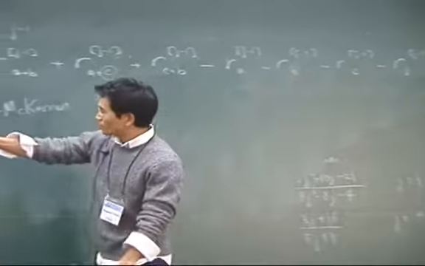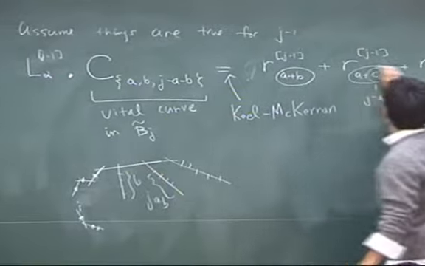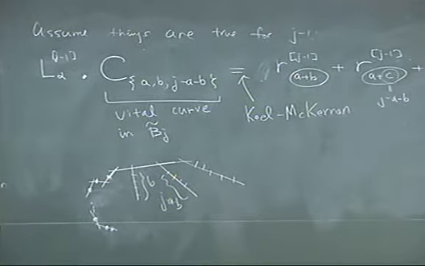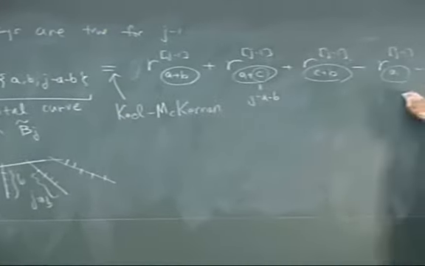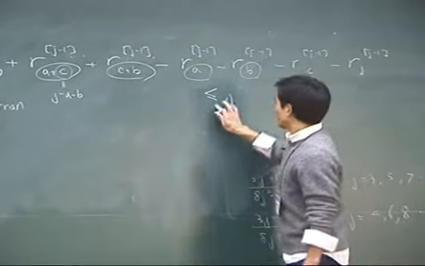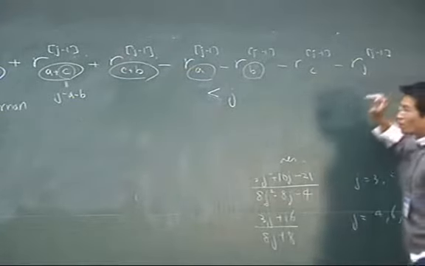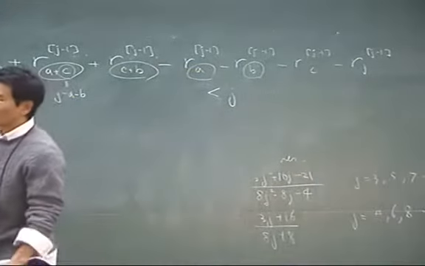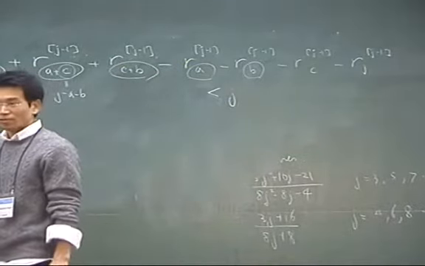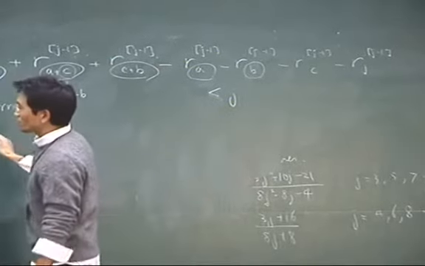But once you have that log discrepancy formula, then you just realize that all these guys are less than J, actually strictly less than J, except that one. So everything is replaced by K choose 2. So now the computation looks doable.